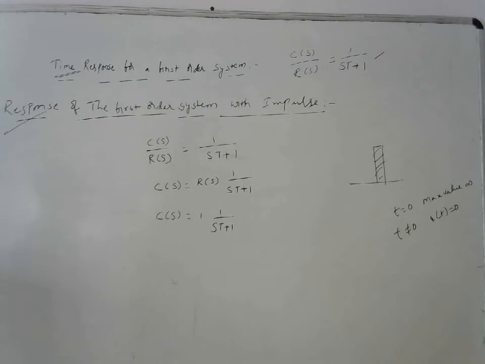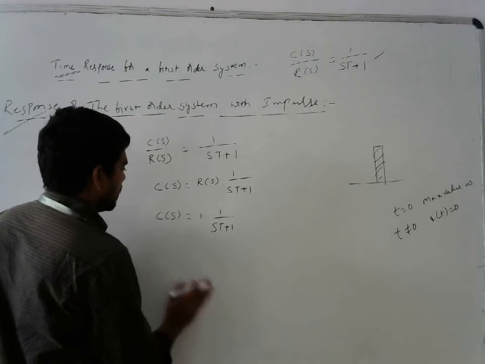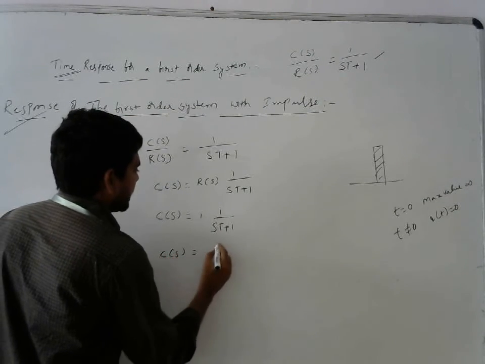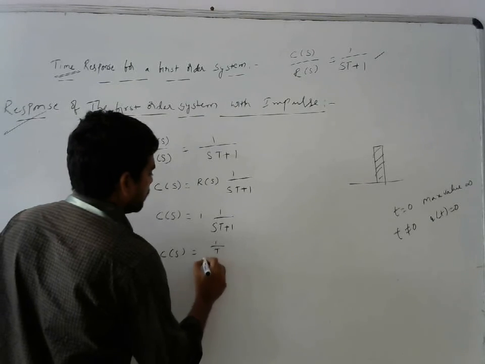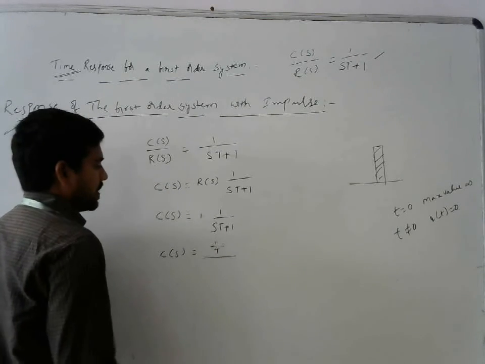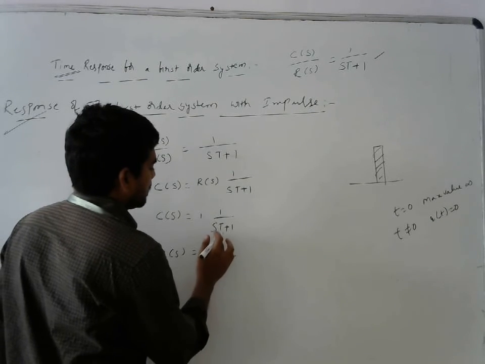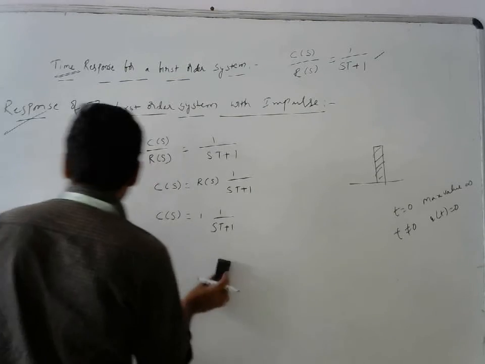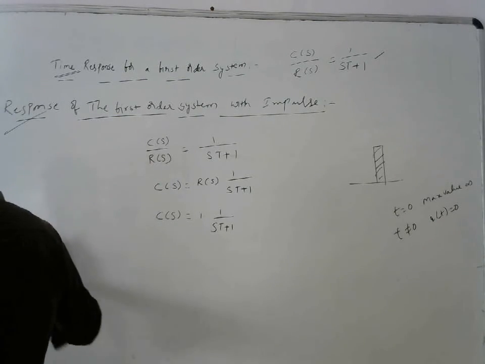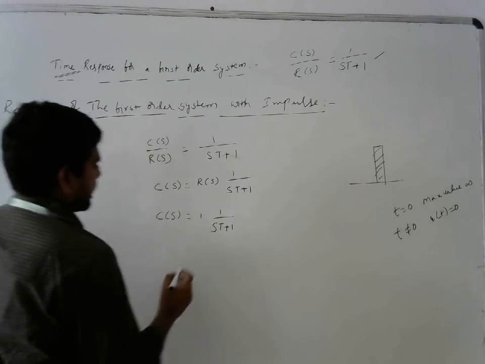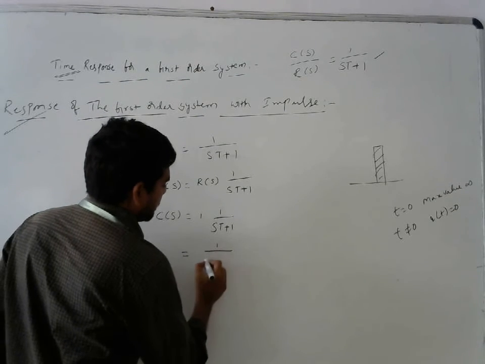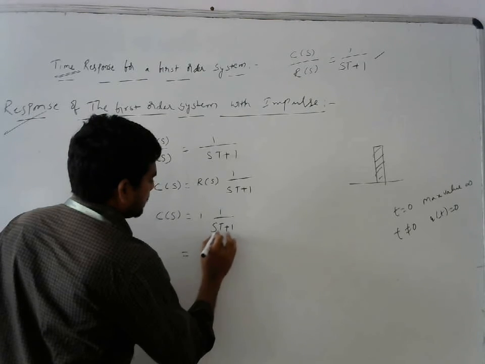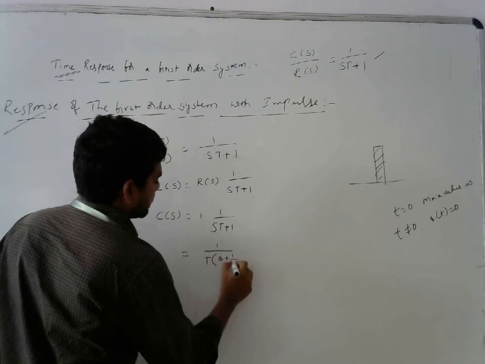Now how are we going to find the C of t value? We can write C of s as 1 by t into 1 by s plus 1 by t, if I take t common in the denominator.